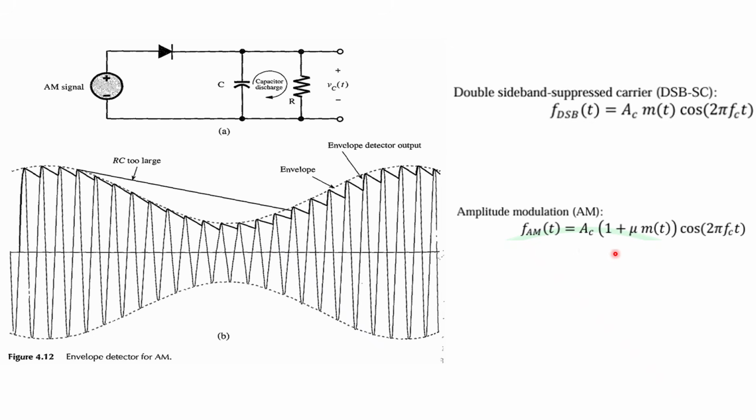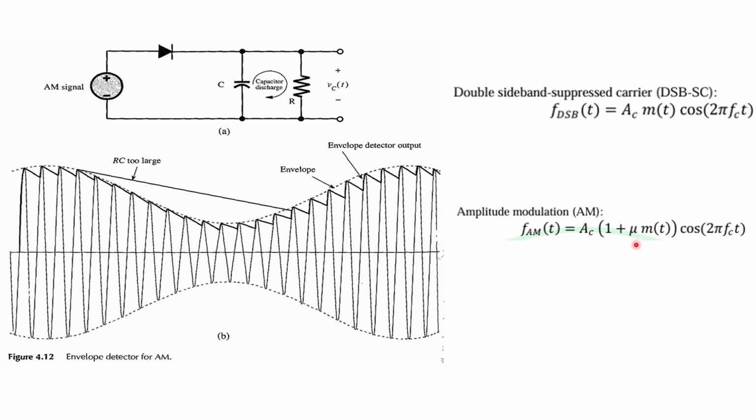In the second case, it is Ac times 1 plus mu m(t) and cos omega c t. In this case, the entire amplitude 1 plus mu m(t) must be greater than 0. Otherwise it is difficult to reconstruct the information. So m(t) may be greater than 0 and sometimes may be less than 0, but the overall term, 1 plus mu m(t), must be greater than 0.